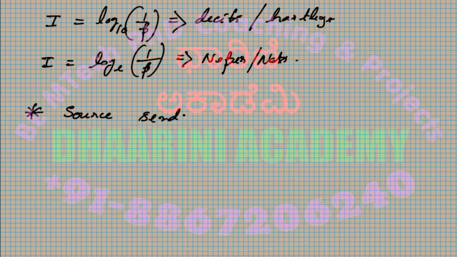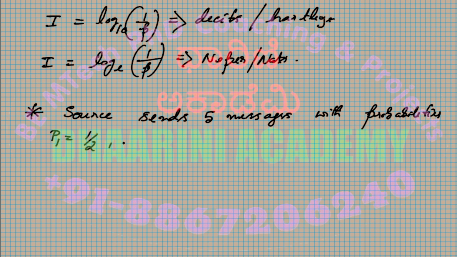A source sends 5 messages with the probabilities P1 equals 1 by 2, P2 equals 1 by 4, P3 equals 1 by 8, P4 equals 1 by 16, and P5 is also equal to 1 by 16.